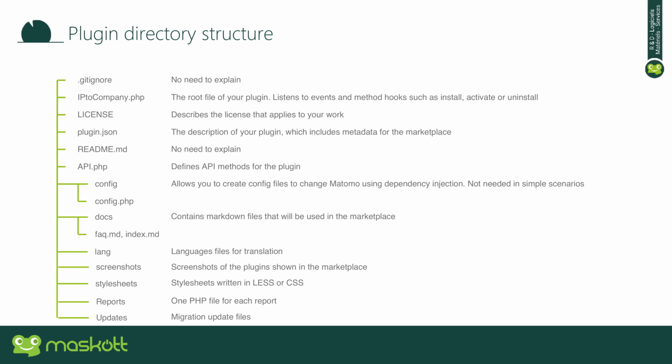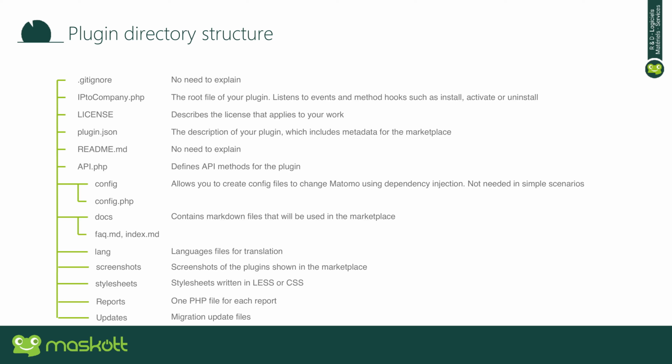So .gitignore, no need for me to describe what it does, a license to describe the type of license that applies to your work, a README also to describe your project, and then we reach more interesting stuff.